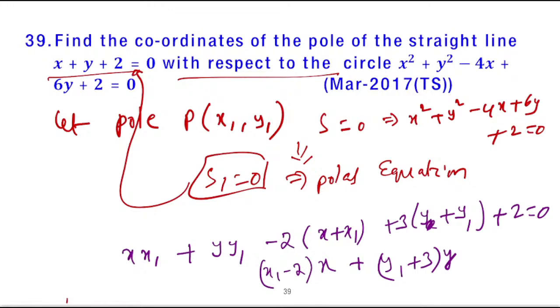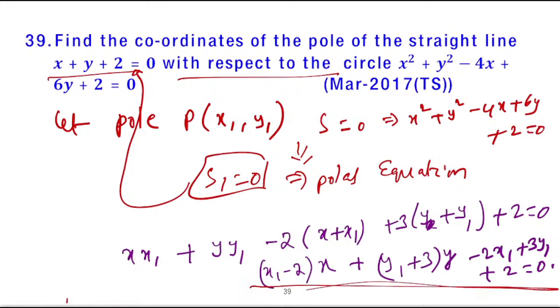Okay, minus 2x1 plus 3y1 plus 2 equal to 0. Are you getting what I am saying? Now this and this both are the same.